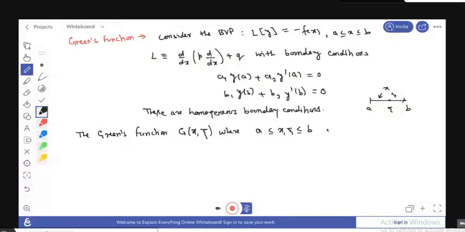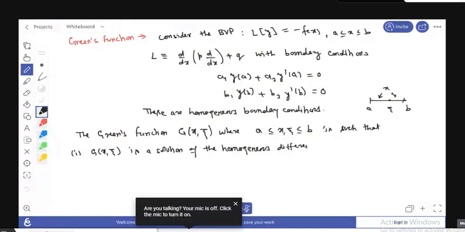This is a function such that it satisfies these rules. The first one is that it is a solution of the homogeneous differential equation, that is, Ly equals 0.